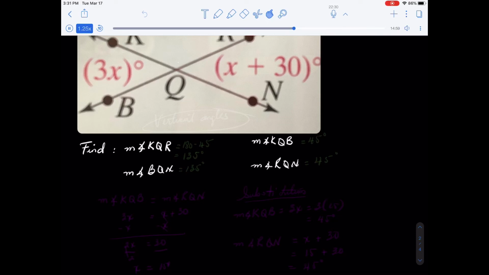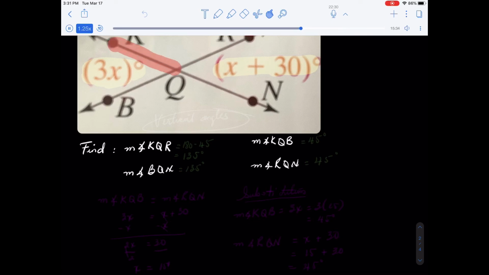Before you're able to find those measurements, you need to find out what x is. Usually they give you angle measurements. In this case, you don't know what x is, but you know this relationship.